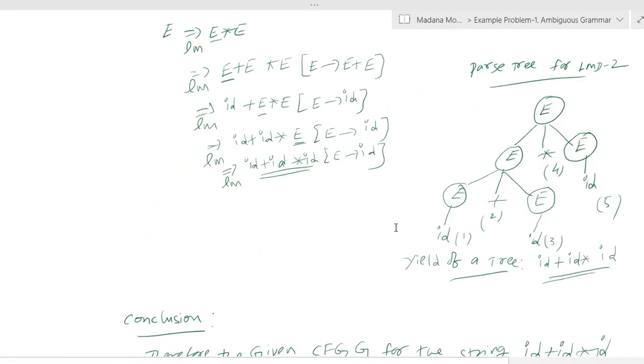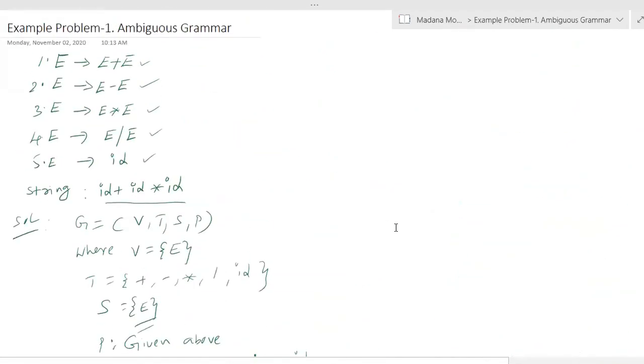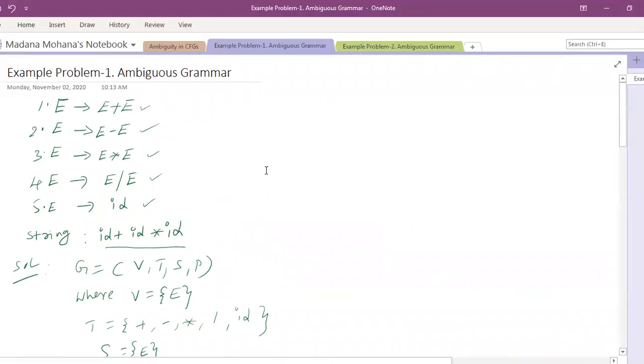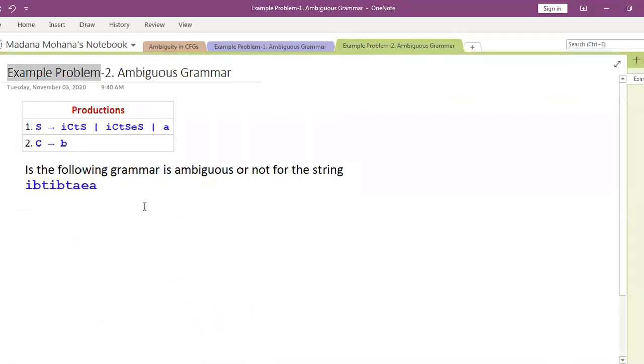So this is the concept of ambiguity. Ambiguity in grammars means that the language defined by a context-free grammar, which is called a context-free language, also contains ambiguity. Now here we have another example also.